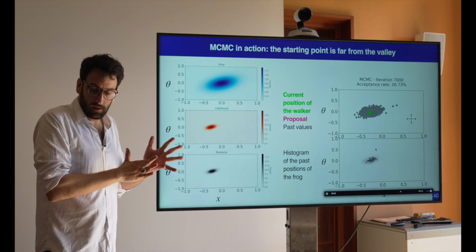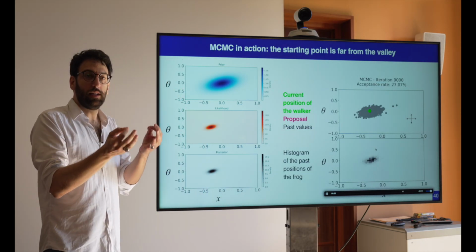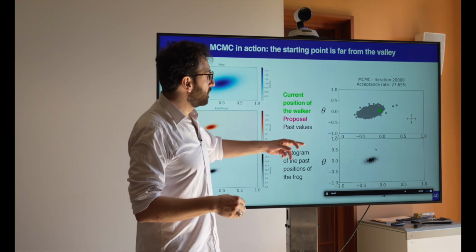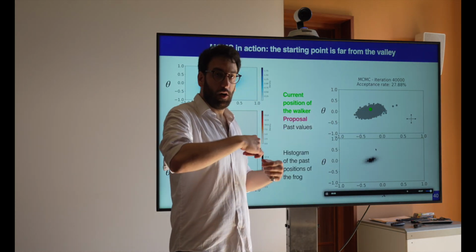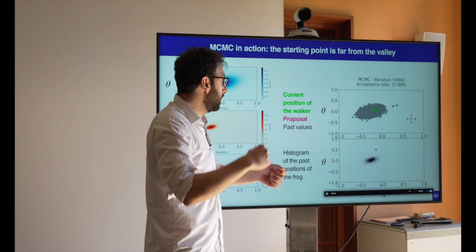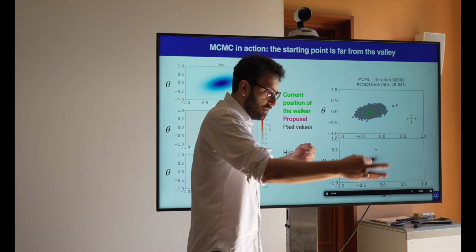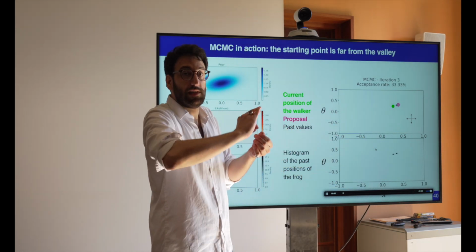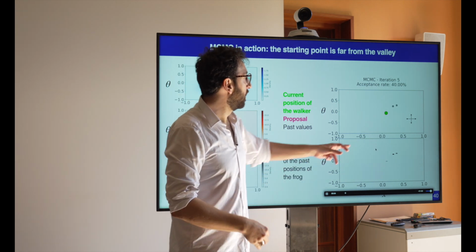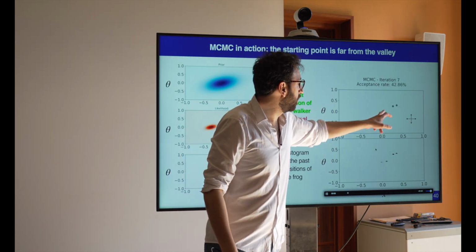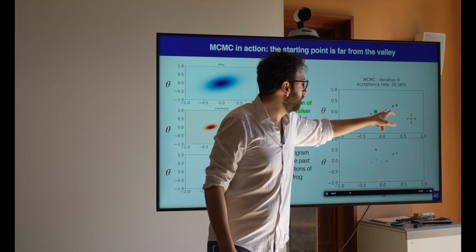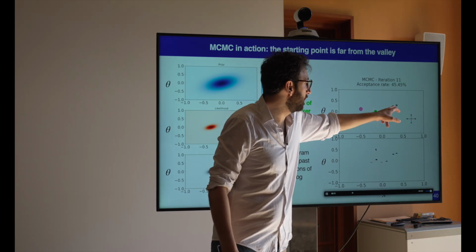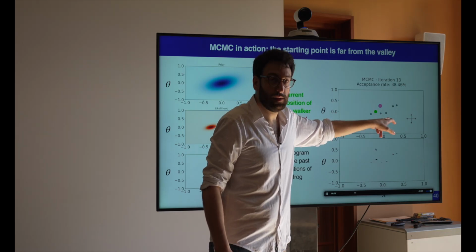Another important notion in MCMC is called thinning. Because of how MCMC works, jumping from point to point in a sequential manner, being there is correlated with having been there.